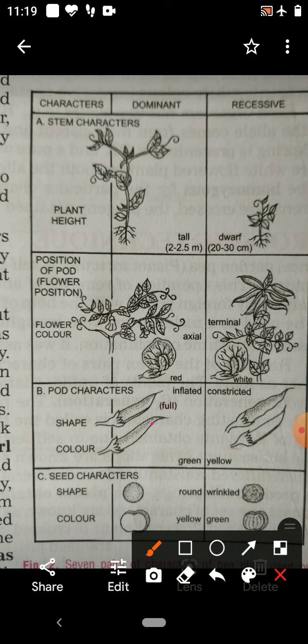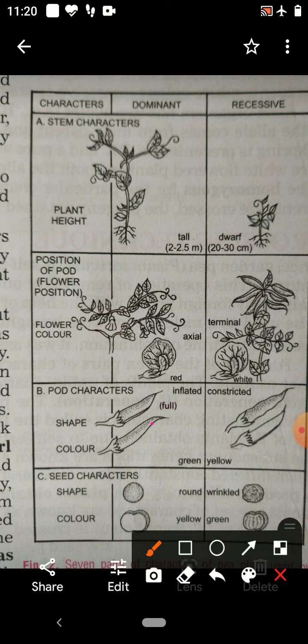So what is the pure breeding plant? Pure breeding plants are homozygous. Pure breeding plants show stable inheritance of character and same expression of character generation after generation. A pure line plant is established only after several generations of self-pollination.